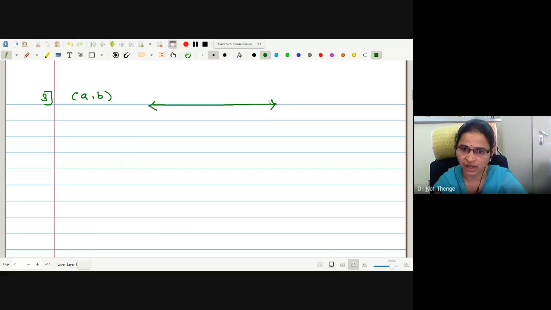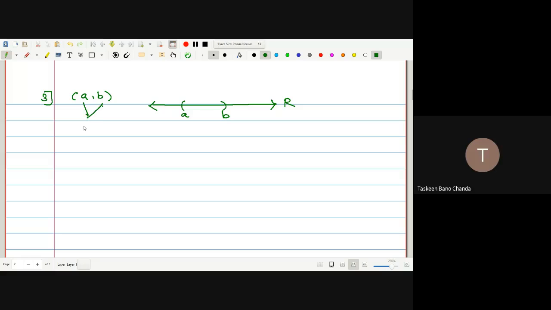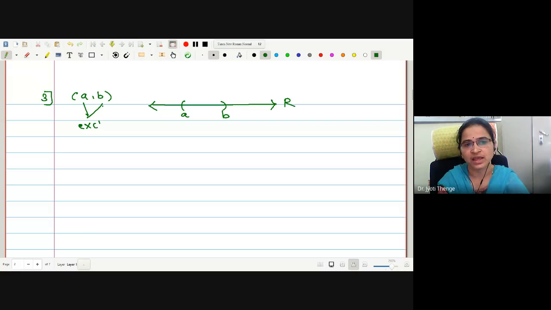This is the real line and the set we have taken under consideration is open interval AB. What is the meaning of open interval AB? Whether the points are included or excluded. Excluded. And in which set they are included?